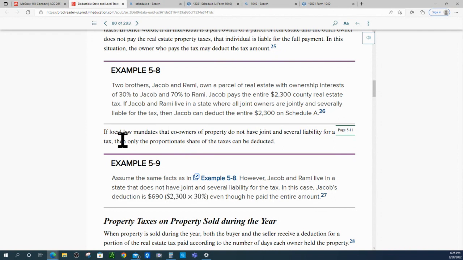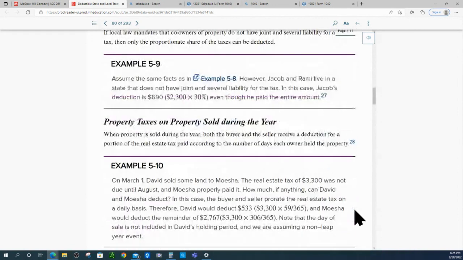So the second part of the example, same facts, but Jacob and Rami live in a state that does not have joint and several liability. In this case, even though Jacob paid $2,300, he is limited to a deduction of $690, which is 30% of the total tax, even though he paid the entire amount. Okay.